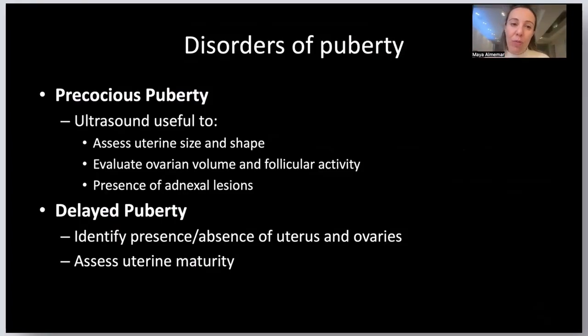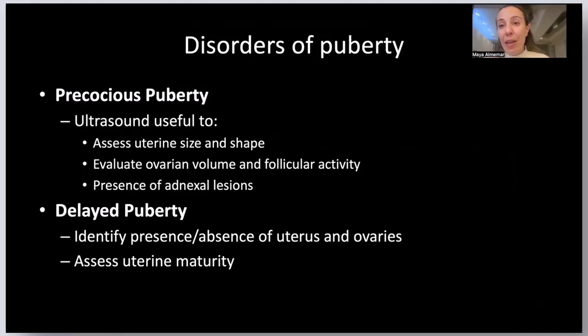Well, in precocious puberty, ultrasound may be very useful in those under 8 who are showing signs of early premature development to essentially assess the size and the shape of the uterus, any endometrial activity or thickening or changes there, and of course the ovarian volume and follicular activity and the presence of adnexal lesions such as a granulosa cell tumor, which may have led to these changes.